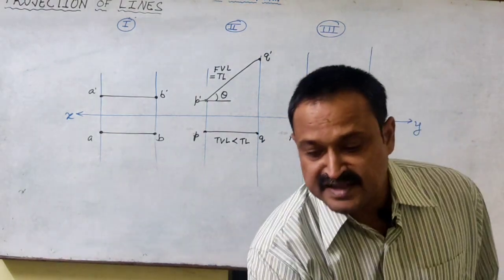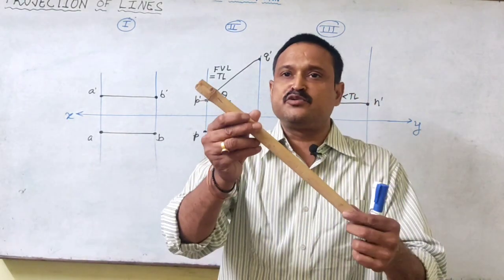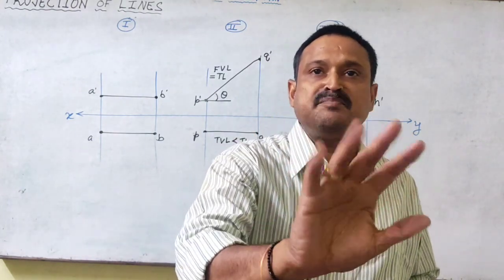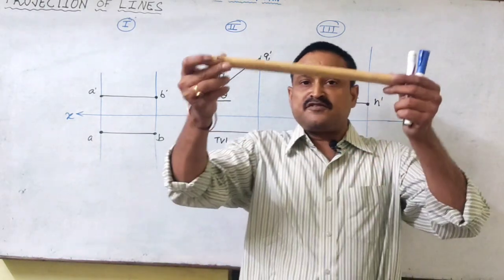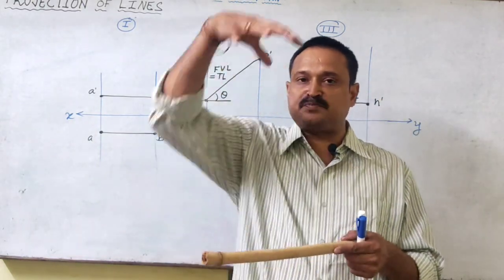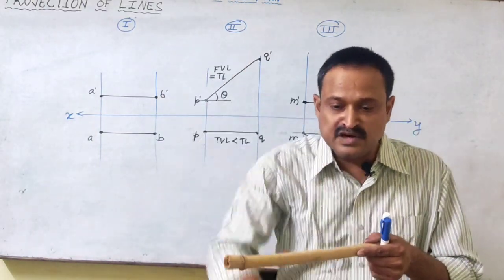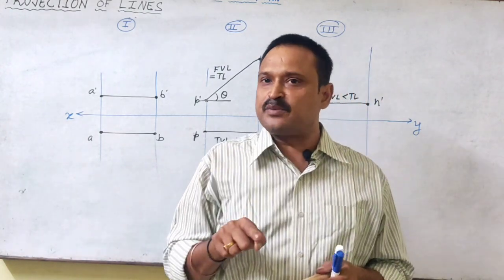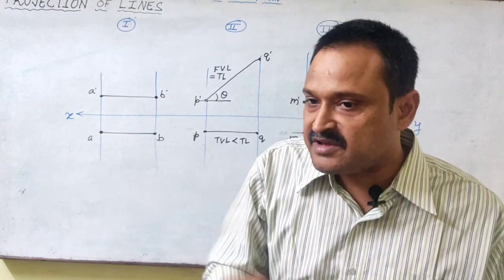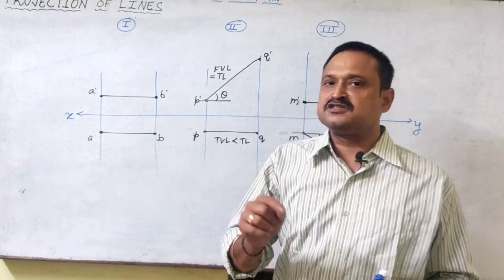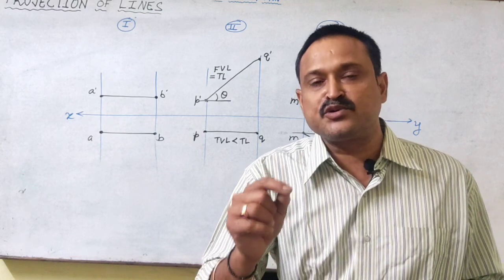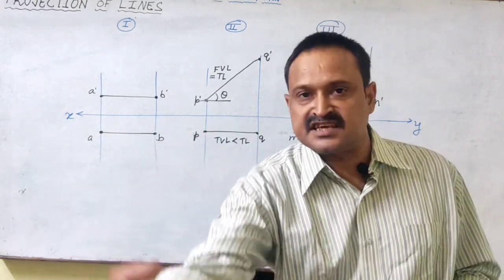Right? So when a line is parallel to VP, we will get the true length and true inclination in the VP, that means in the front view. If a line is parallel to HP, then we will get the true length and true inclination on the HP, that is on the top view. So again, when a line is parallel to a plane, we will get its true length and true inclination on that same plane.